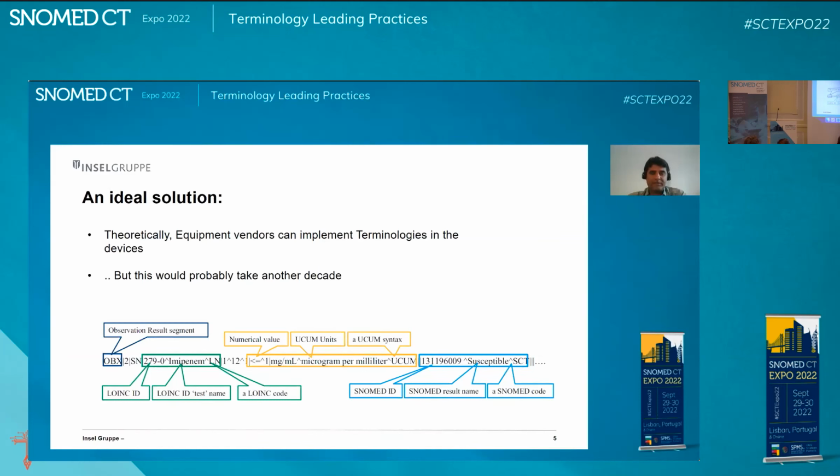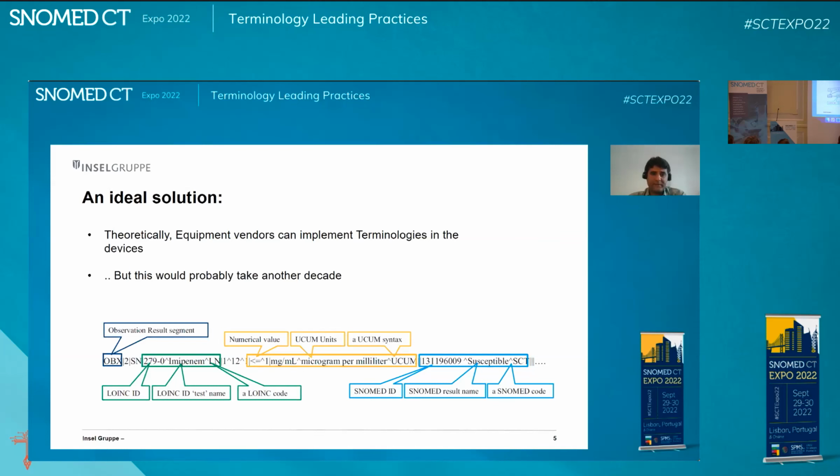On the lower part of the slide, you can see the HL7 segment, which is the observation result segment. Here you can see all the important data is mapped to a terminology.